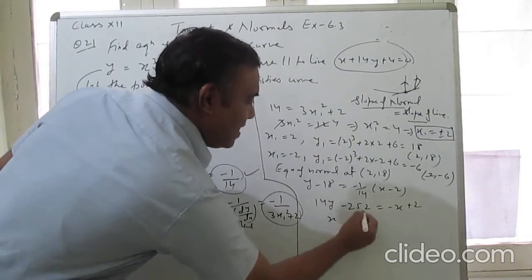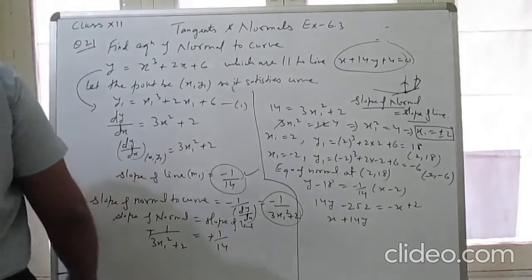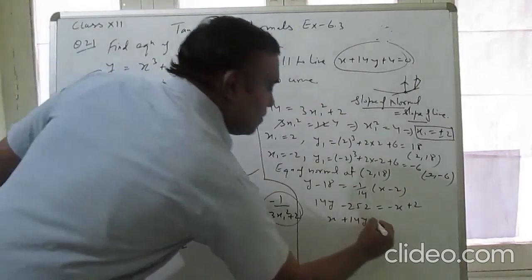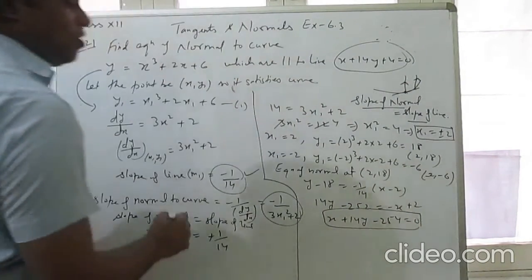Bringing x to that side, x plus 14y minus 254 is equal to 0. This is the first equation of the normal.